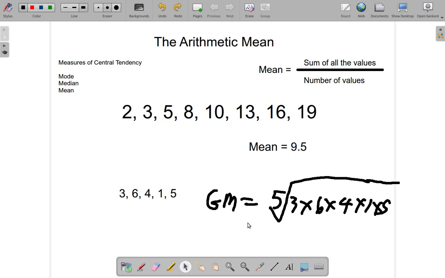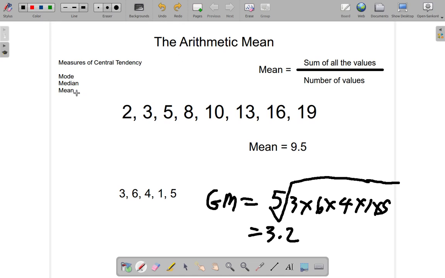So the geometric mean would be equal to 3.2. Alright? So I'm just pointing out the reason why you see the term arithmetic mean. Sometimes you might call it the average, right? But there's more than just one type of average.